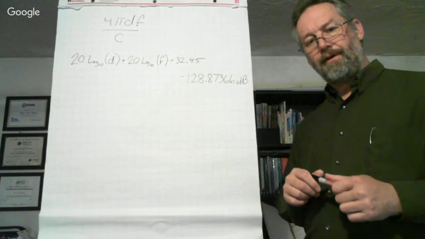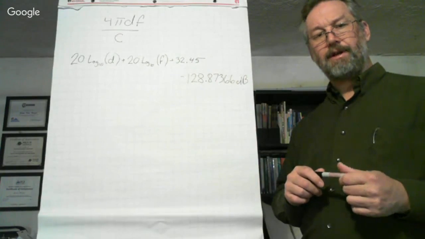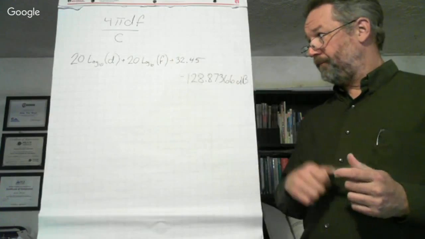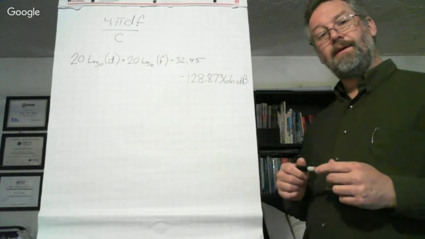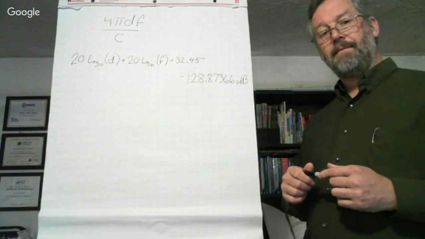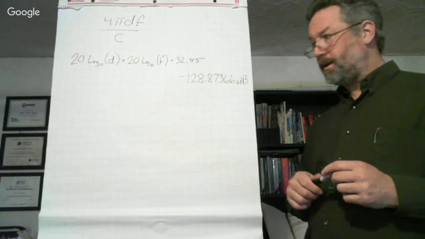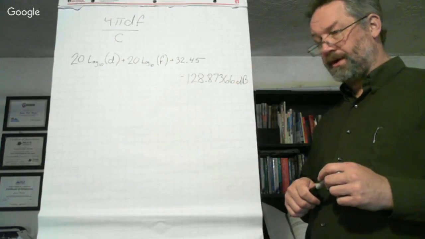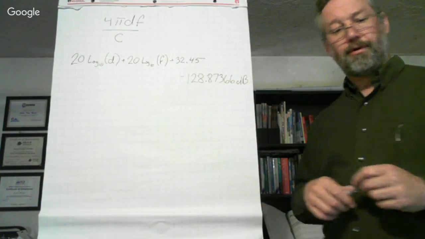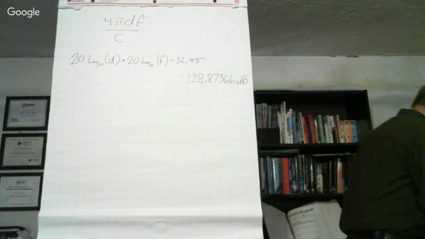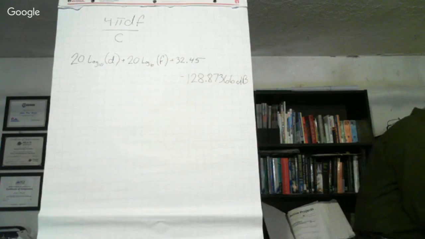So therefore, a higher frequency will have a higher attenuation in this way. But minus 128 dB is not bad. The thing you have to bear in mind, however, is that what comes from the next step is what's important, because that determines what we receive.